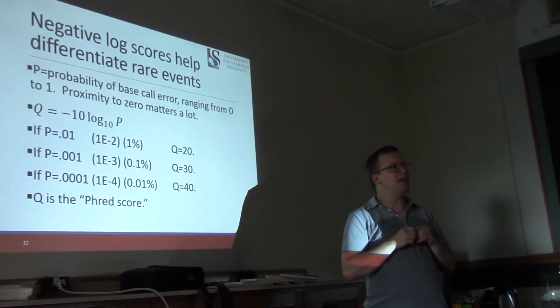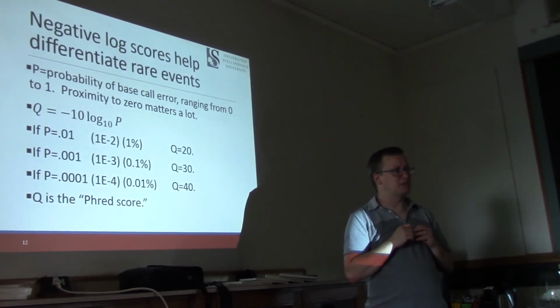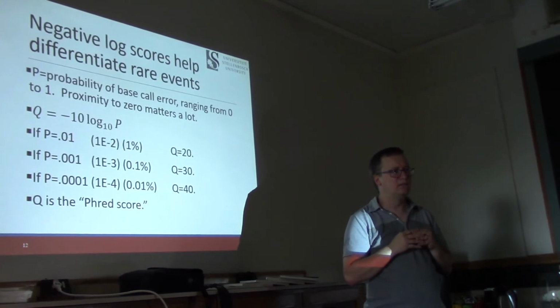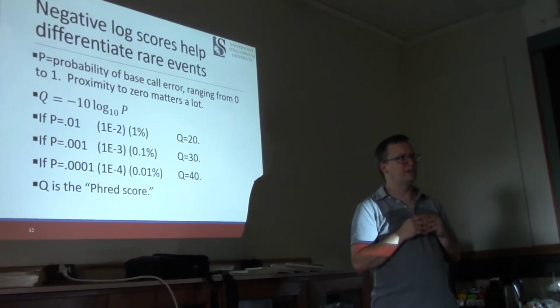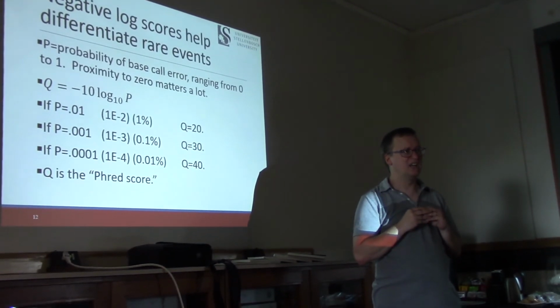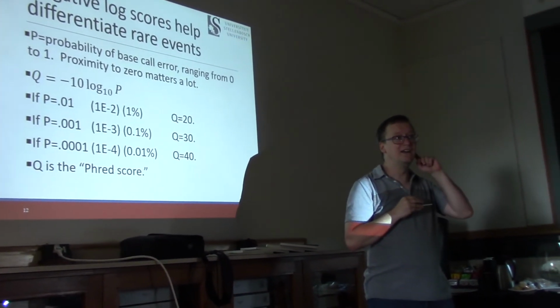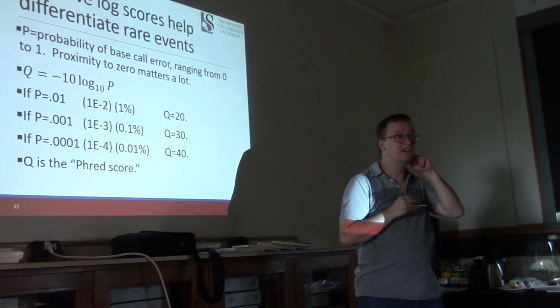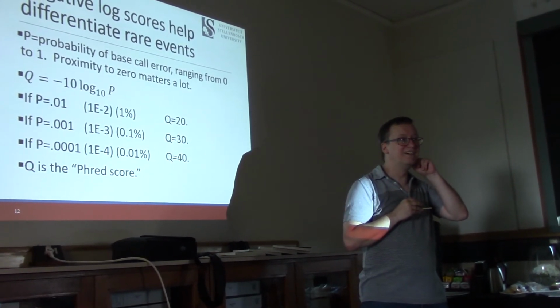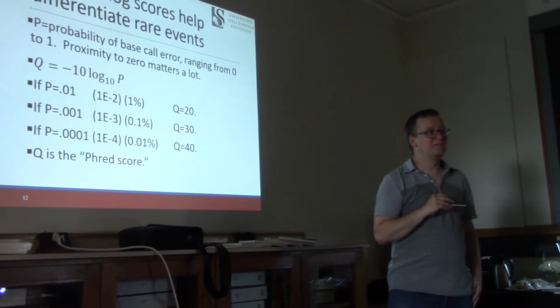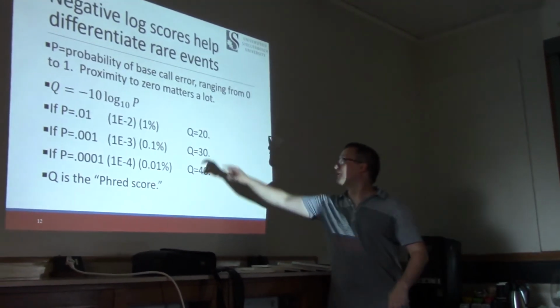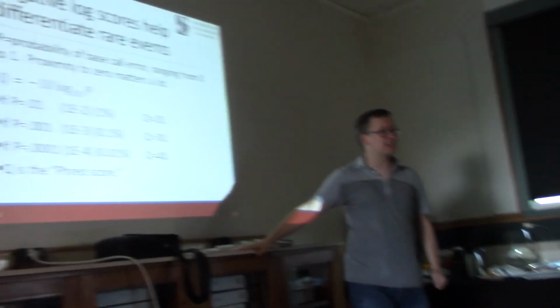Okay, so if I report a base from my sequencer with a Phred score of 10, how do you feel about it? What's the chance of error for a Phred score of 10? 1 in... Okay, we'll work our way backward. We have a Phred score of 20 at a particular nucleotide.